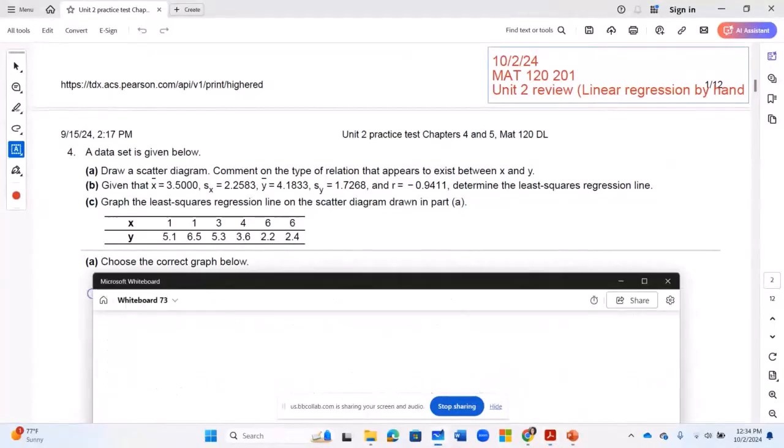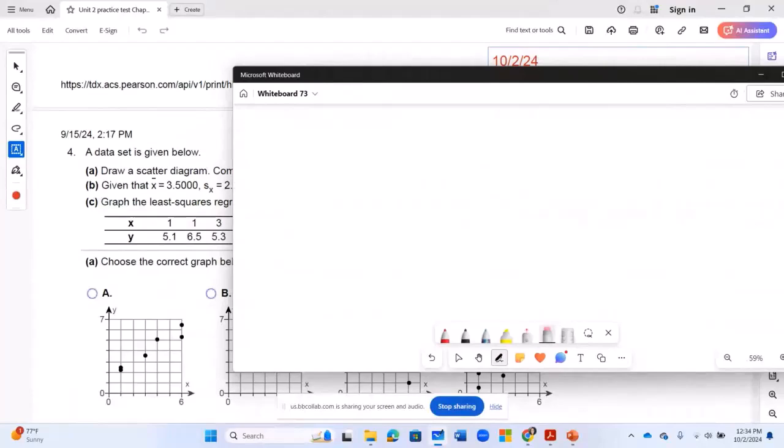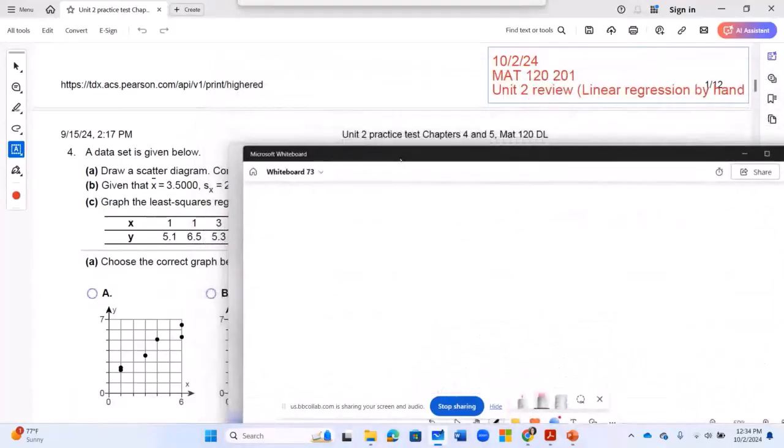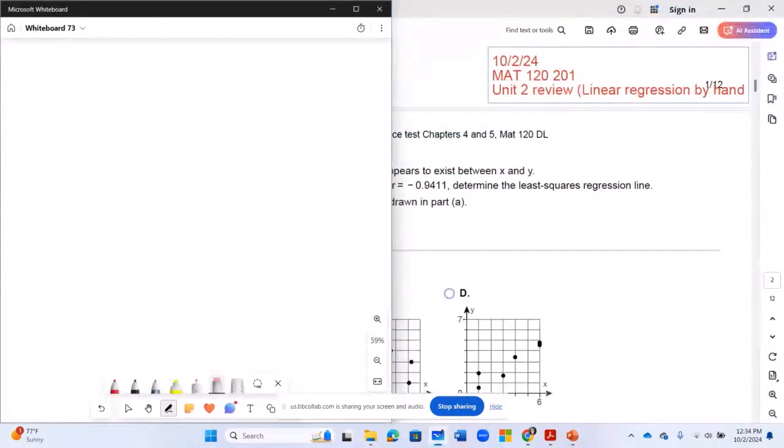Let me use my whiteboard. One thing we know is that the predicted equation y hat is equal to the slope of the predicted equation multiplied by x plus the y-intercept of the predicted equation.